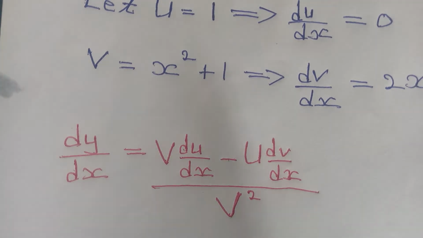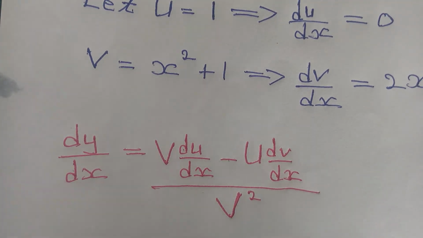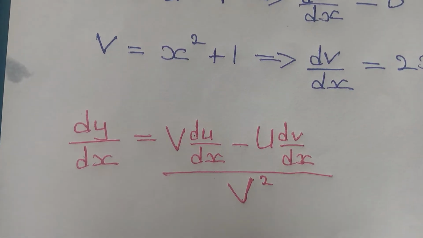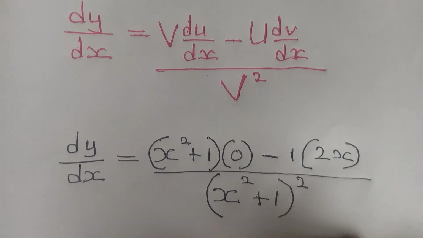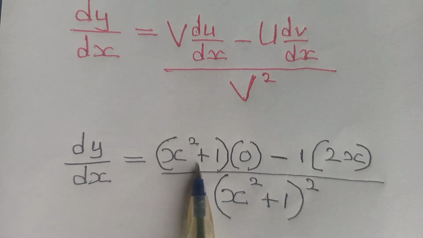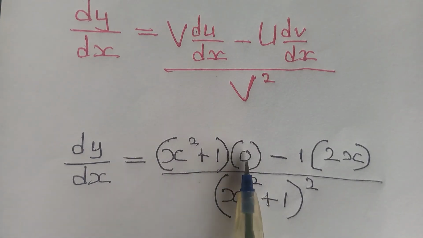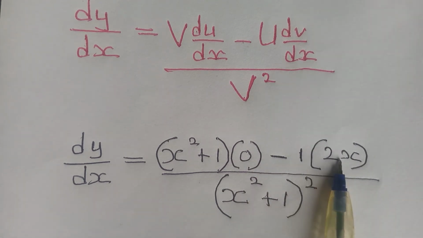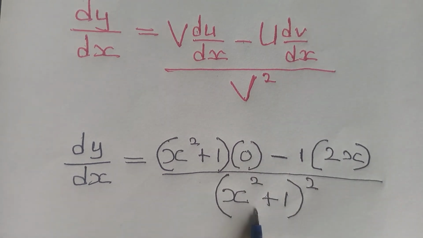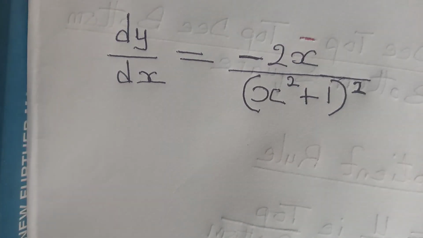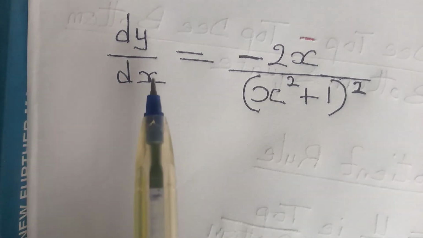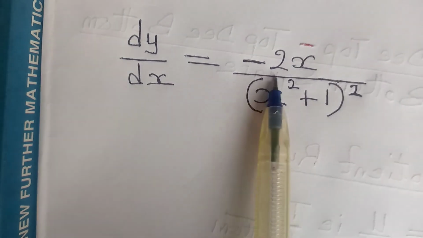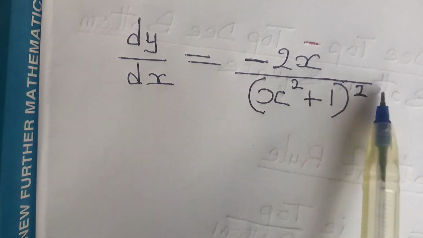When you substitute into the formula, you have dy/dx in this case equal to x squared plus 1, which is your v, times du/dx, which is 0, minus u, which is 1, times dv/dx, which is 2x, all over bottom square, which is your x squared plus 1. Put everything in bracket and square it. Yes, when you simplify that, you finally get your dy/dx equals minus 2x all over x squared plus 1, everything squared.